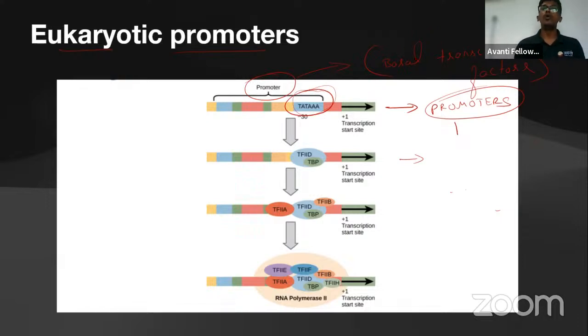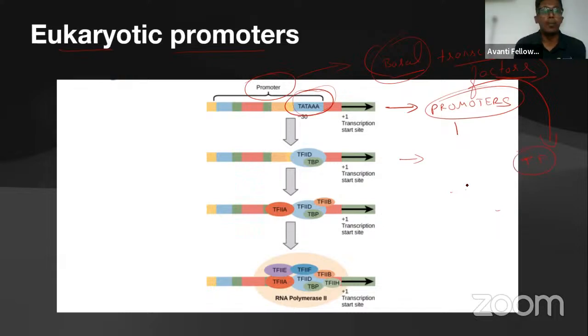These subunits, which are responsible for assembly of your transcriptional machinery, are called basal transcriptional factors, BTF. These are called TF.